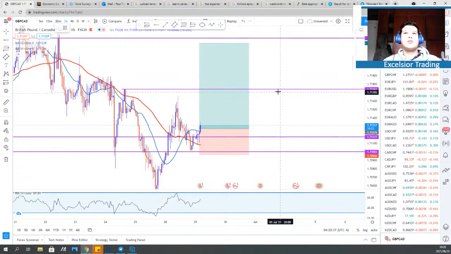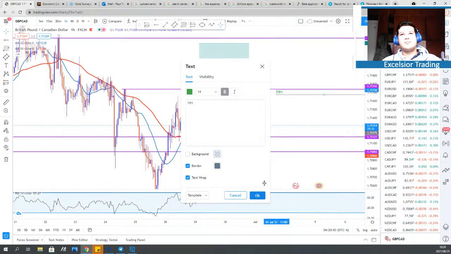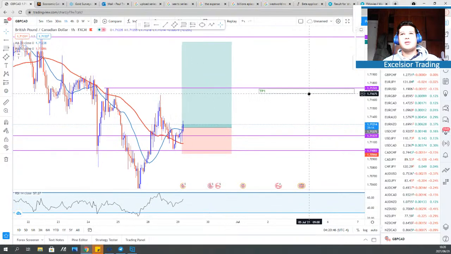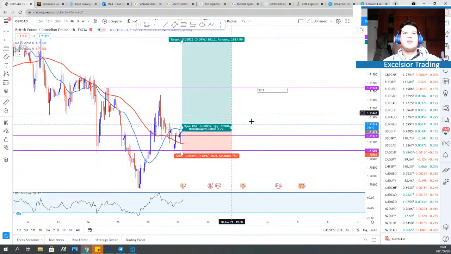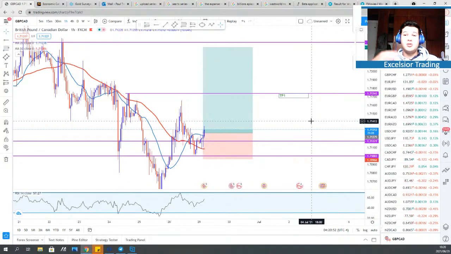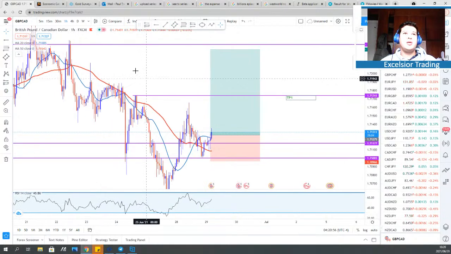Okay, so this will be TP1. When price comes here, I will take 50% of my position and then put the rest to break even, just to manage the rest of the upside, because we have this choppy market movement to the left, right?